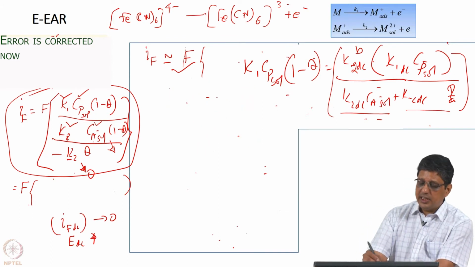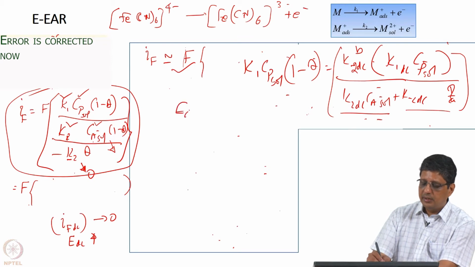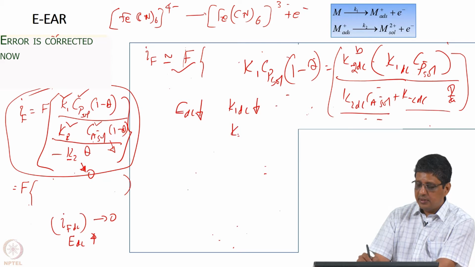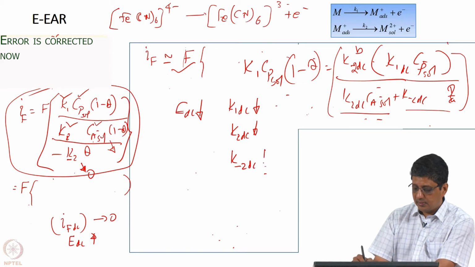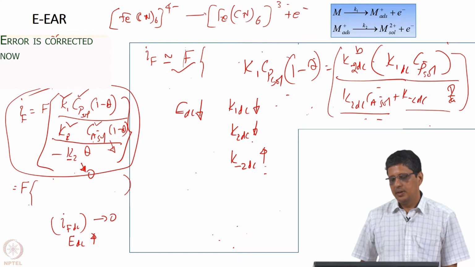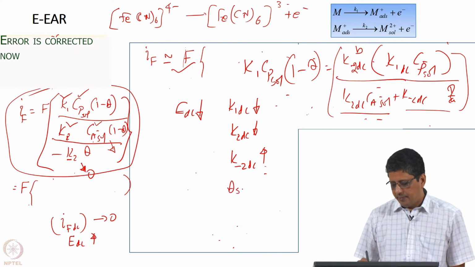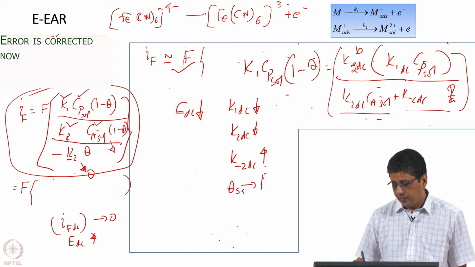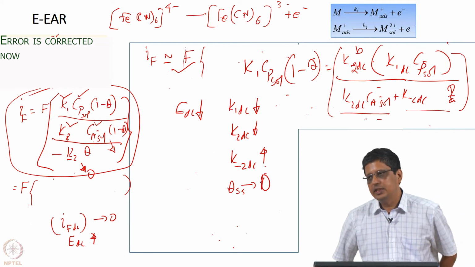When it is a large negative number, K1 decreases, K2 decreases, and theta tends towards 0.